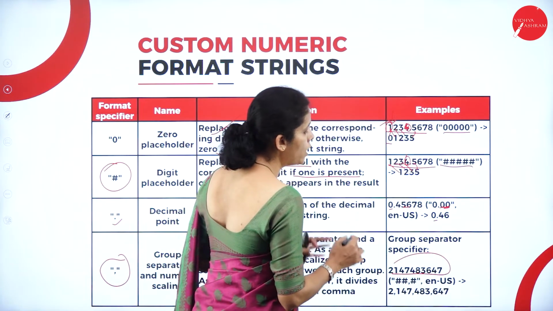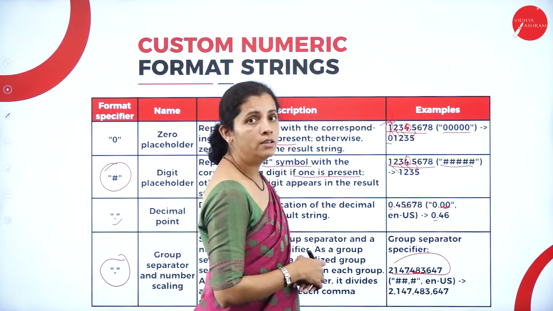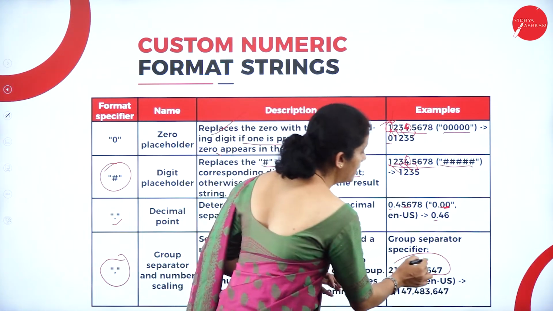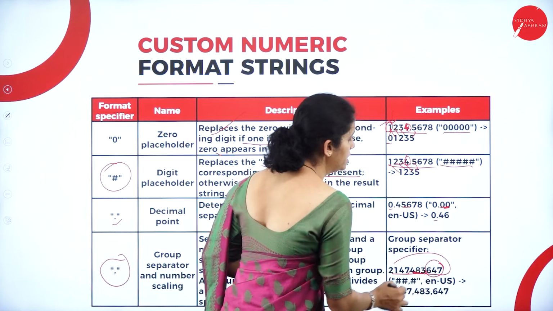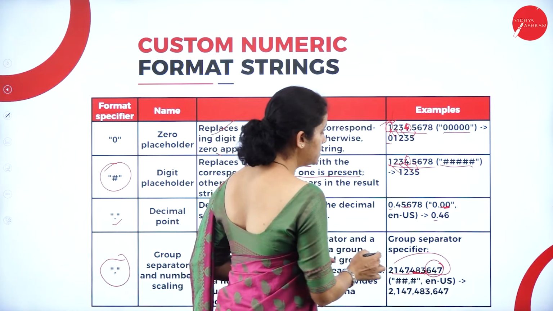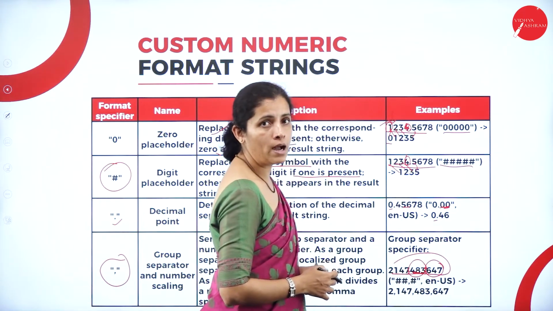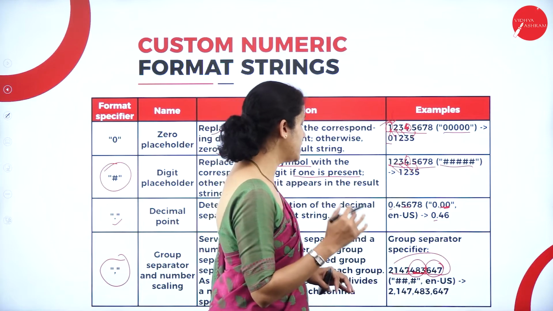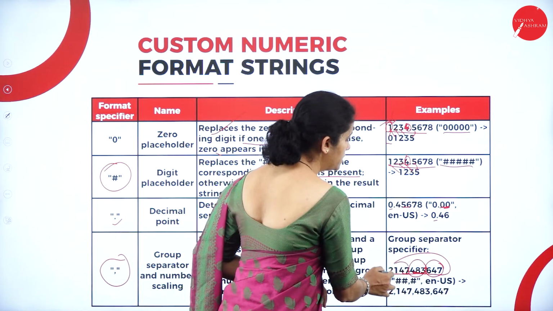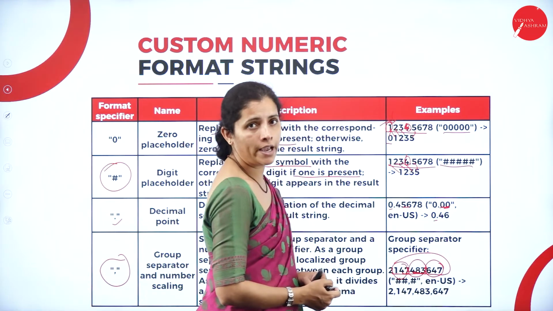Okay, now what do I want to do? I want to scale and I want to group. So dear student, after 100, that is nothing but 3 digits, okay, I have a comma, that is the group separator. Once again, I'll consider 3 digits. Then I have the comma, once again group separator and scaling. After 3 digits, I have a comma. So it is group separator and scaling.